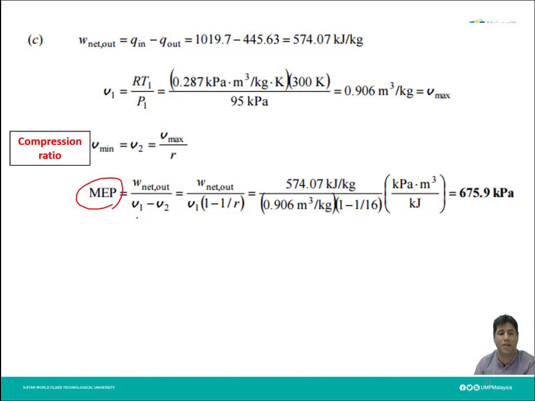So to calculate mean effective pressure, we need to find W net out, we need to find V1 and V1 minus V2. Let's see how we can find it.